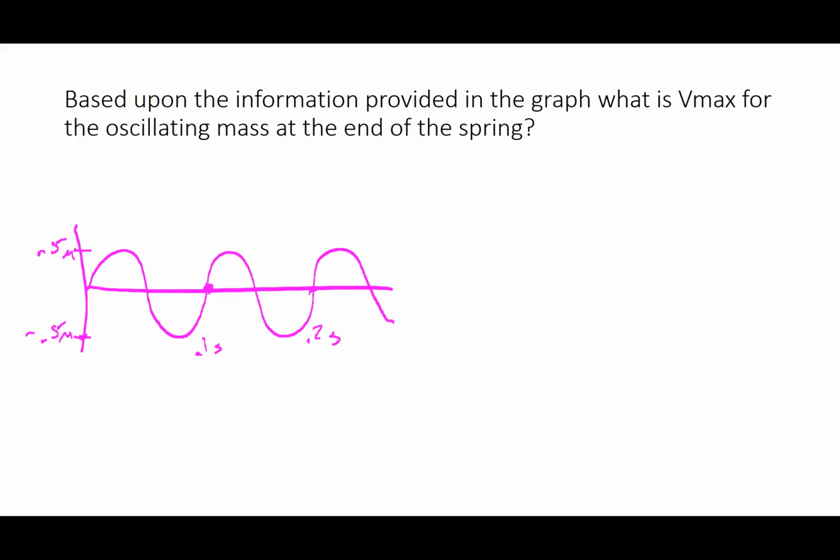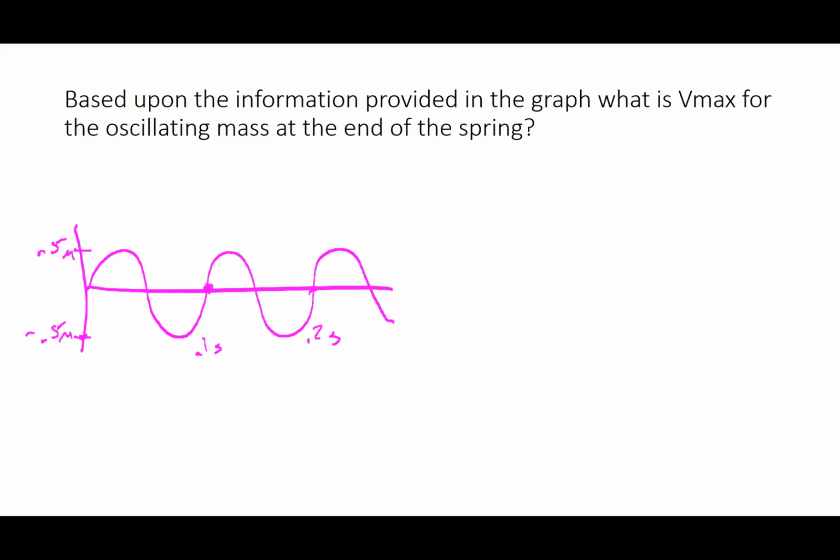All right, here's the last part. Now we're going to do wave analysis. So here they're showing a wave. Based on the information provided in the graph, what is Vmax for the oscillating mass at the end of the spring? Sounds really hard, but it's fairly simple if we know how to approach it. First off, we have to look at what values are given.